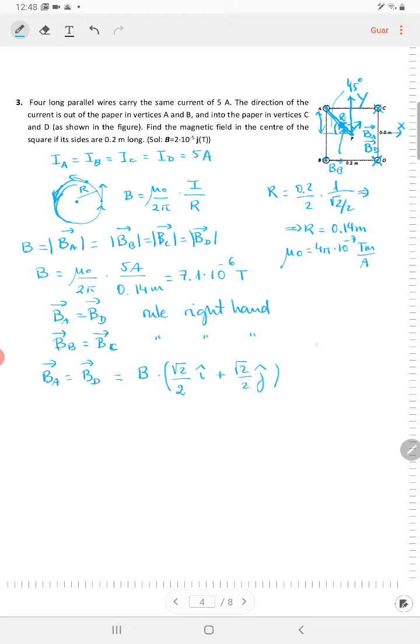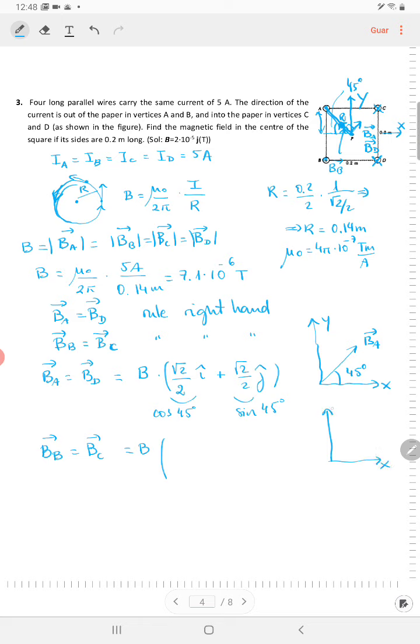So we just have to remember that if this is X and this is Y, and this was B_A or B_D, and this is 45 degrees. That's why here is the cosine of 45 degrees, and this is the sine of 45 degrees. On the other hand, B_B was equal to B_C, which is B times, and here if this is X and this is Y, what we have is just the contrary.